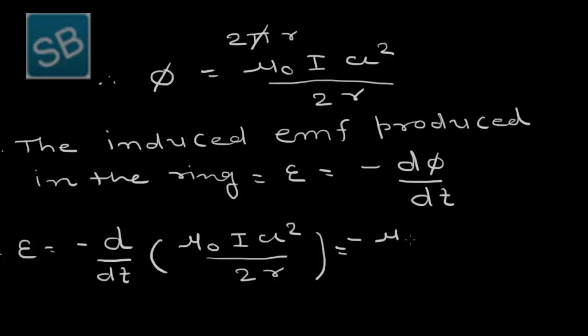So minus mu 0 I a square divided by 2 into d by dt of 1 over r. So 1 over r has the differentiation of minus 1 upon r square. So this sign is negative and the minus 1 upon r square sign is negative, so the total EMF, that means the induced EMF, has a positive sign.